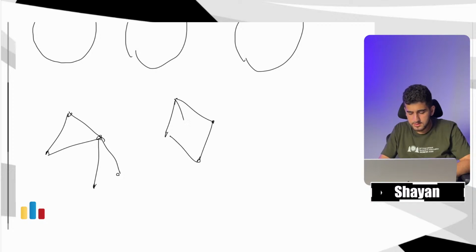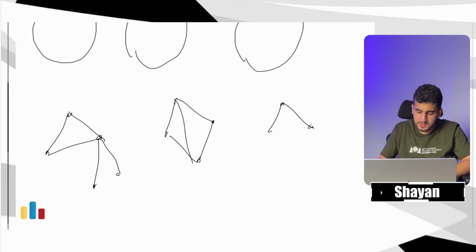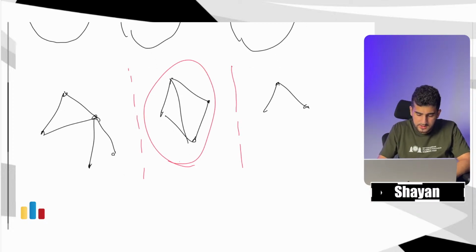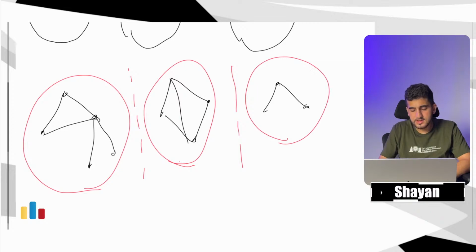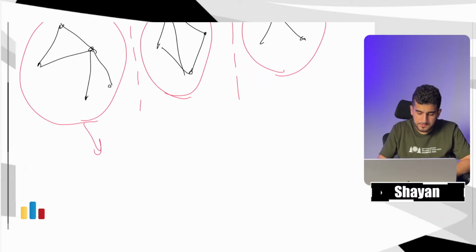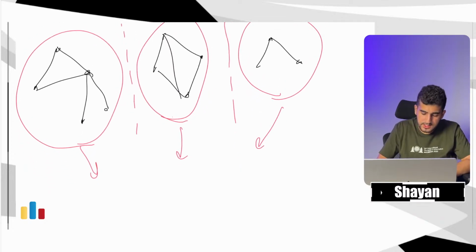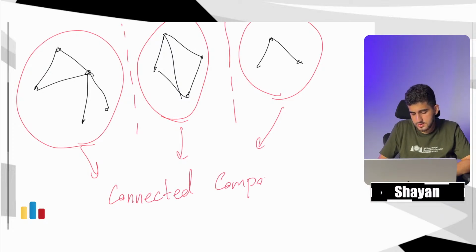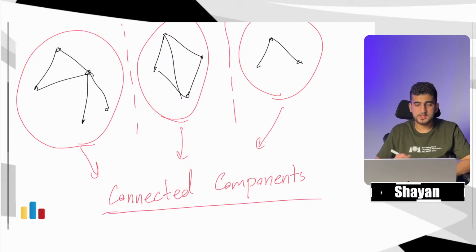This is, for example, a graph, but it is not connected. But if you see, we have several connected parts. This is a connected part, this is a connected part of it, and this is a connected part of it. We call these connected parts connected components. So we have several connected components.